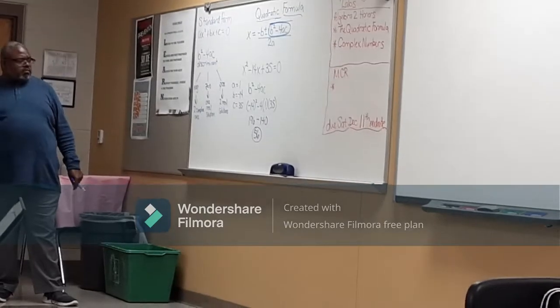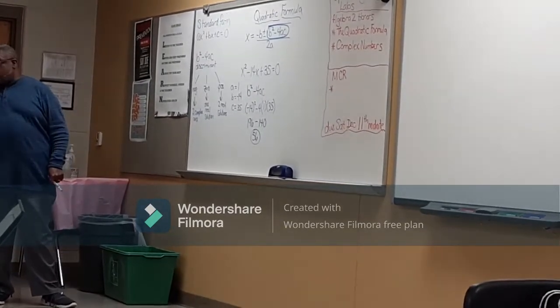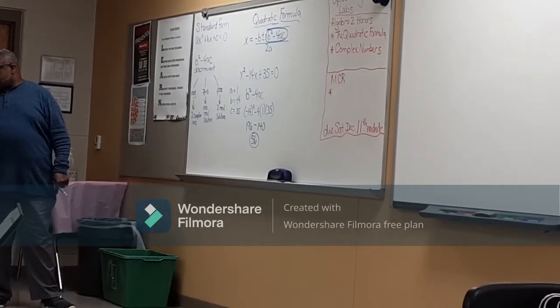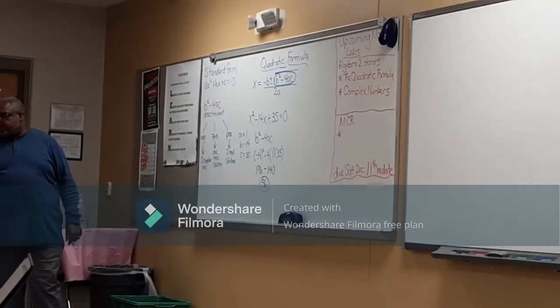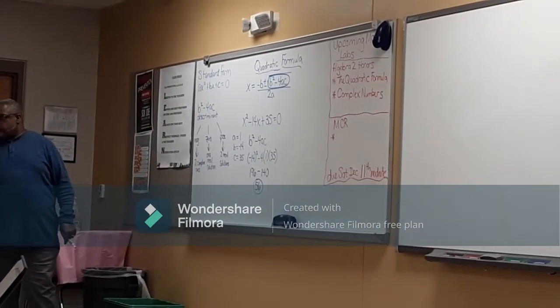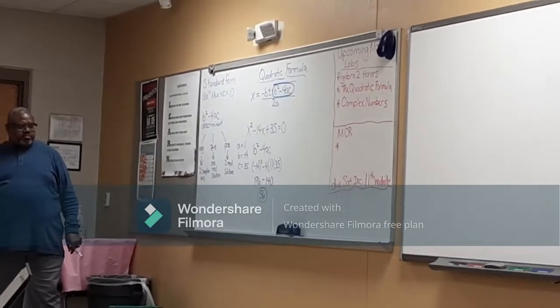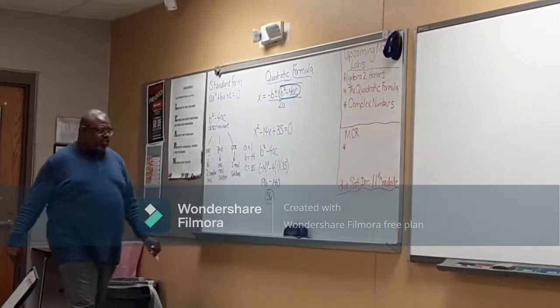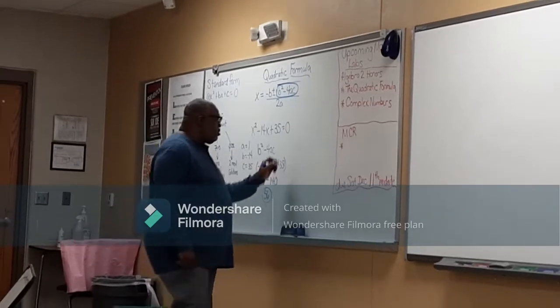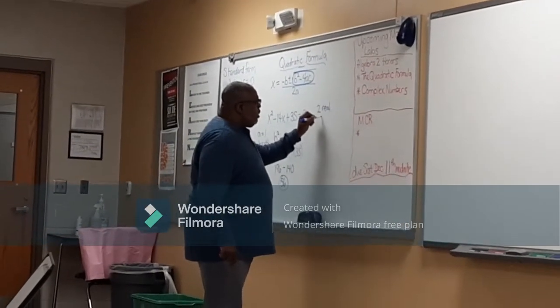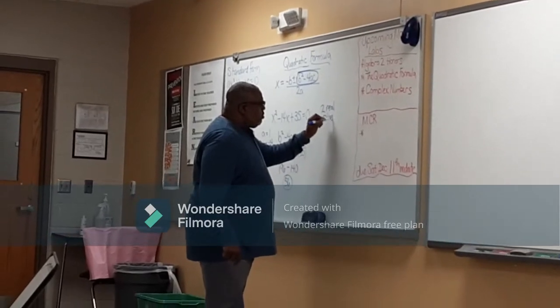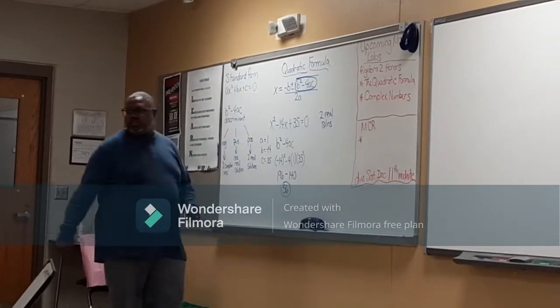Because I don't know what the square root of 56 is, because that's not on your list. The nearest square you have there will be 64. So this is like 7 point something, 7.8, something like that. So this tells me I got two real solutions.